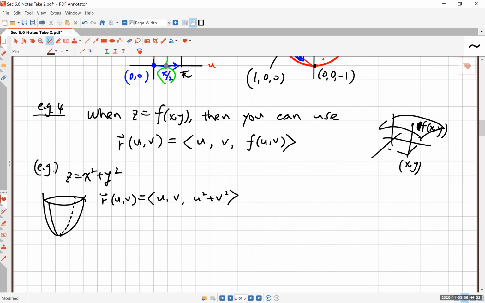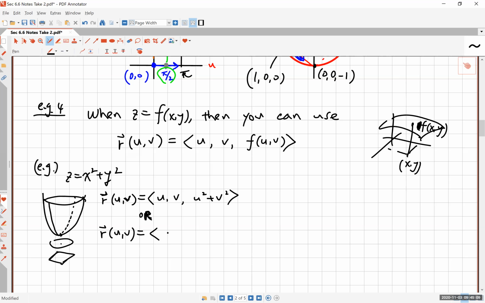That's perfectly acceptable. But this is rectangular, right? So if you have to integrate this, if u and v are rectangular, then you would be integrating over a rectangle or a square or something. If you want to take a circular or polar approach, you could also parameterize the same paraboloid in a more polar friendly or cylindrical friendly way, which is this.